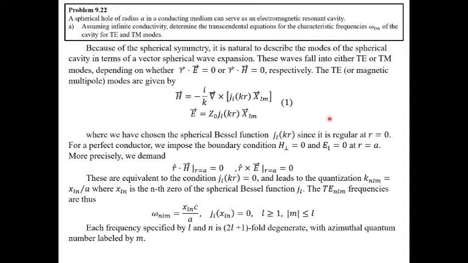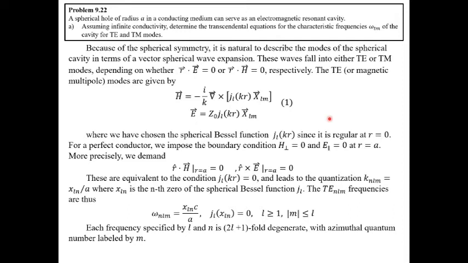For a perfect conductor, we impose the boundary condition H perpendicular equals 0, or E parallel equals 0, at r equals a. More precisely, we demand r dot H at r equals a has to be 0, and r cross E at r equals a has to be 0.